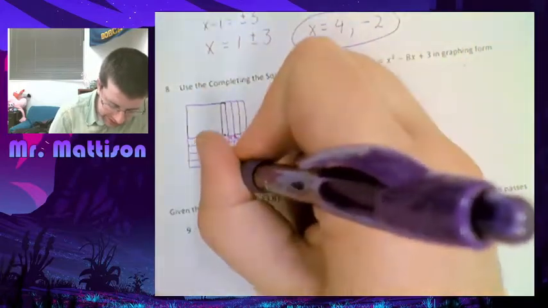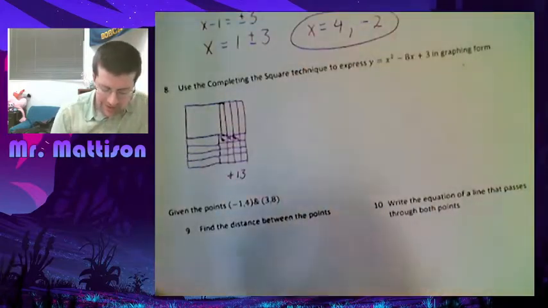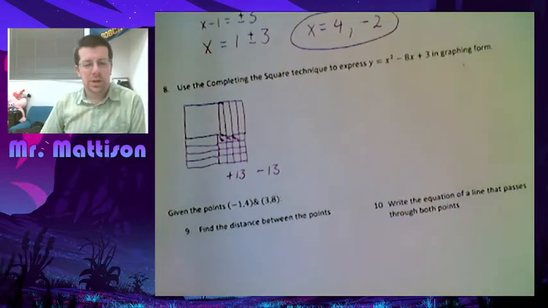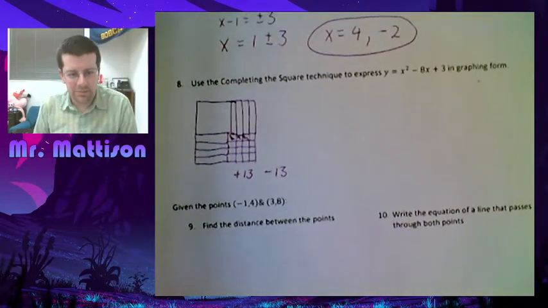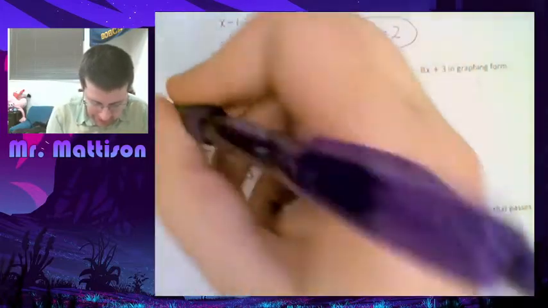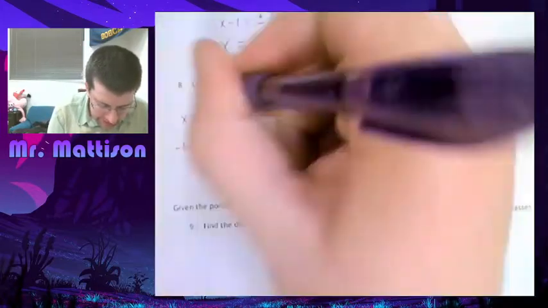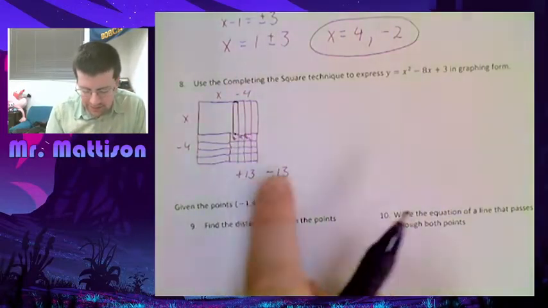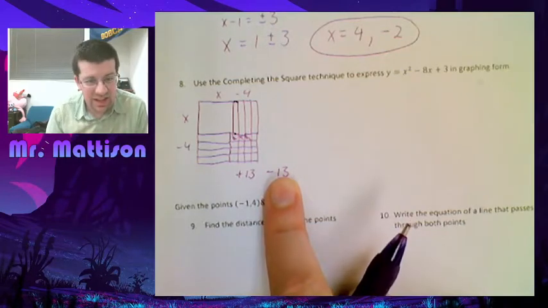So I need to add 13 to balance it out, but I then have to subtract the 13 in order to make sure that I'm not changing the actual problem. So then this gives me my perfect square of x minus 4 by x minus 4. And then I'm going to have that minus 13 still on the end of it.